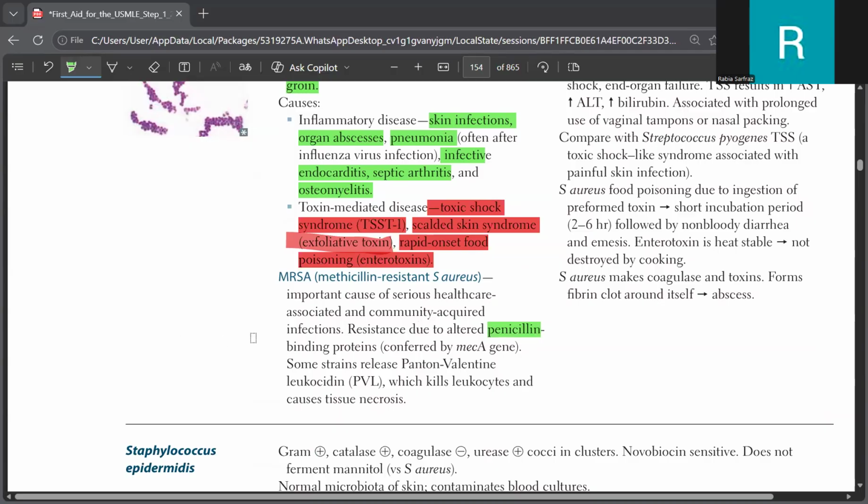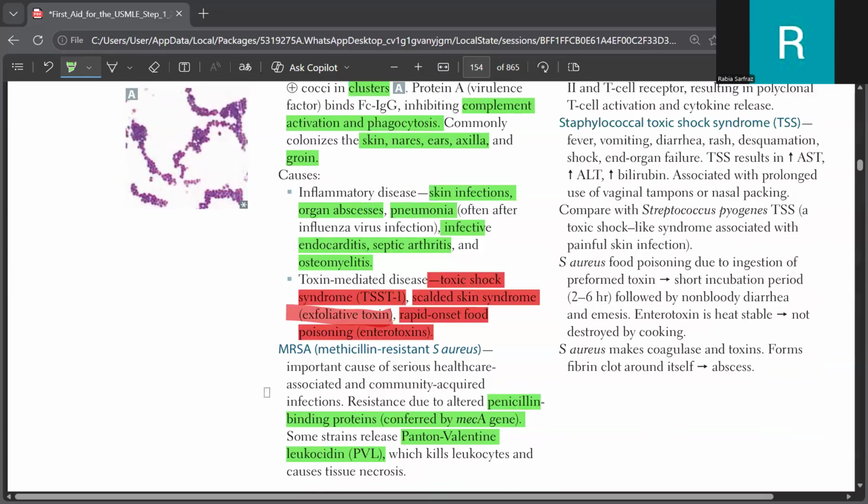Some strains release Panton-Valentine leukocidin, or PVL, which is also a virulence factor, an exotoxin that kills leukocytes and causes tissue necrosis.